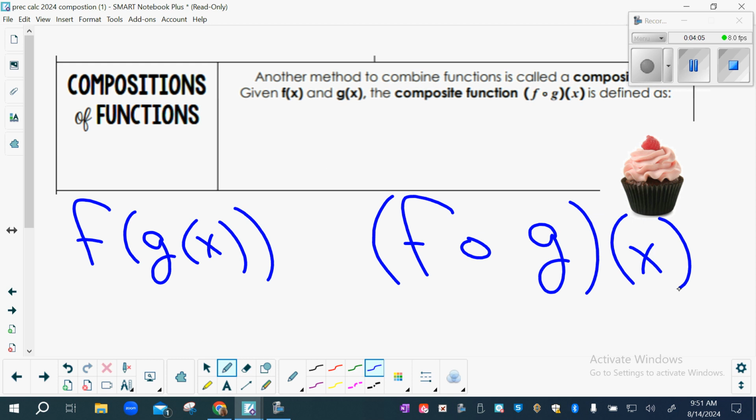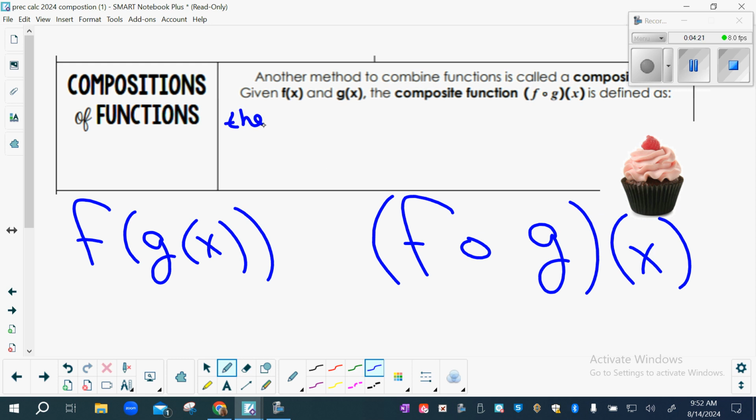Now, if you think you're a little confused now, wait till I write the definition down. It won't help. And then I'm going to show you something, and it's going to be like, oh, that's so easy, right? And the composition of function is this.